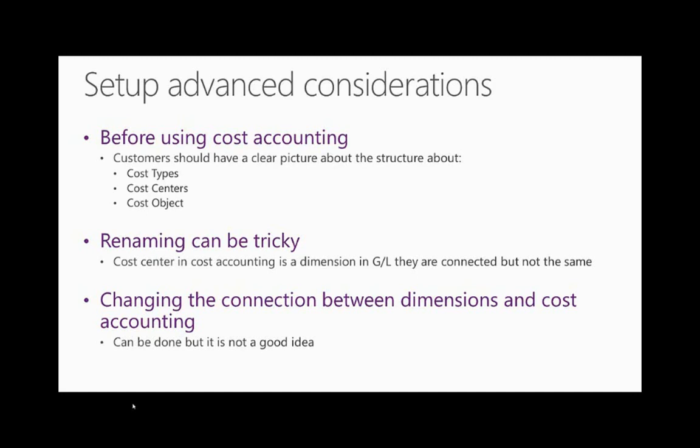So if you need to change this, you will not be able to compare any data with the previous month, for example, when you used the old setting in the old month, and you have to rework all account schedules and filtering and so on.